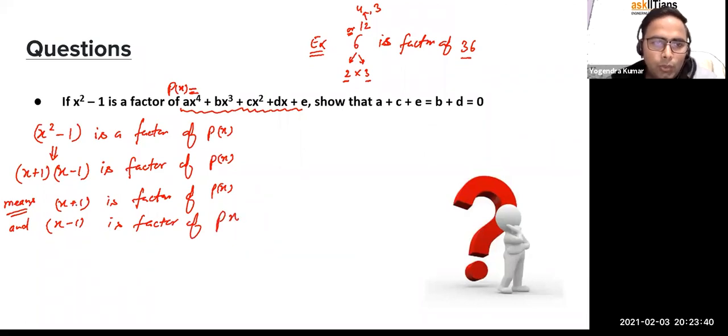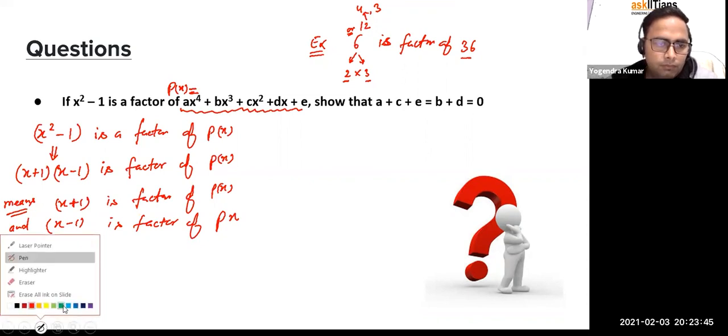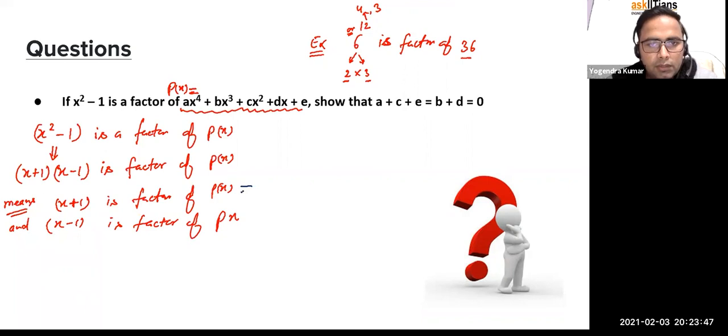Right. Now from here further, what do we understand from here? This implies that x plus 1 is a factor of P of x.